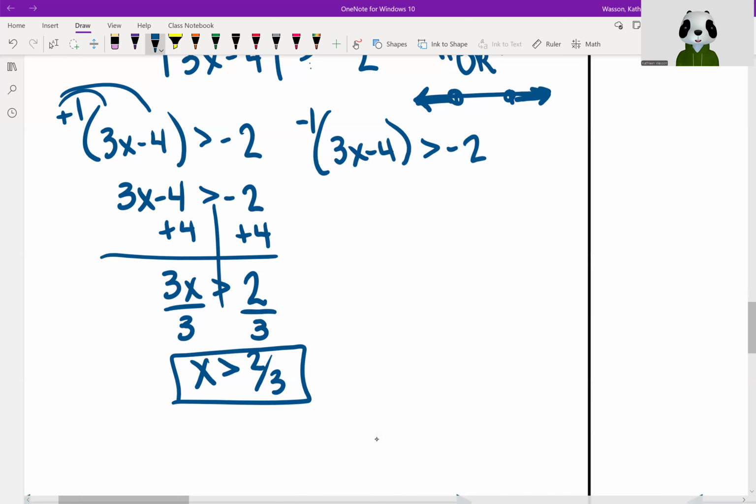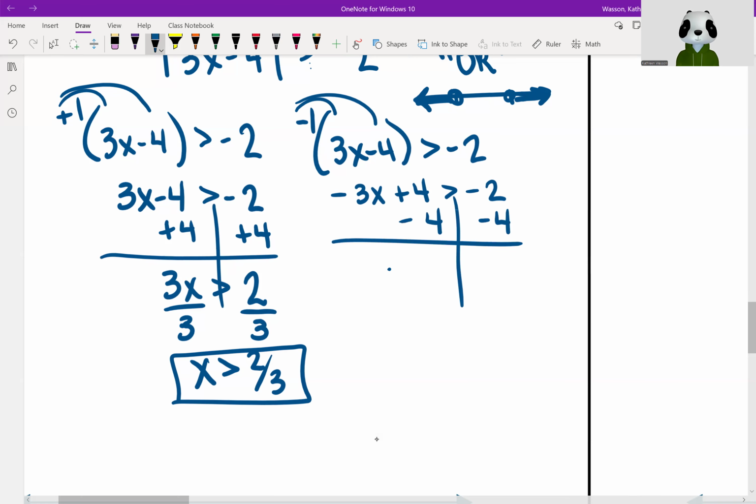My second problem is the negative direction. When I distribute negative 1 into the parentheses, I change the signs of both terms. So the problem I'll solve is negative 3x plus 4 is greater than negative 2. I'll subtract 4. Now I have negative 3x is greater than negative 6.